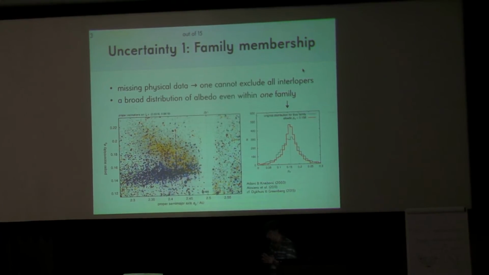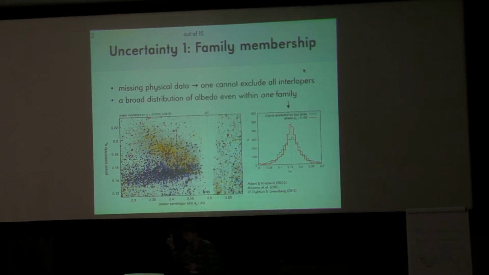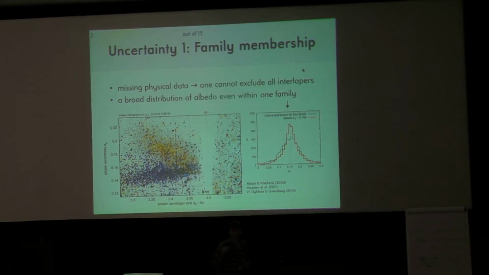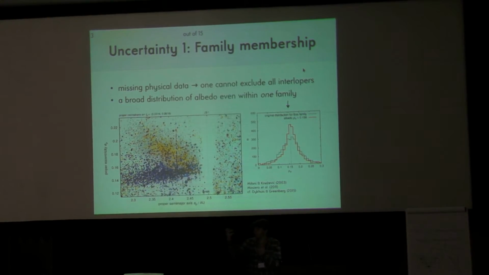So, first, it's not related to the objects. It's the family membership. Sometimes the uncertainty is dominated by the observations, not by the model itself, by the parameters. Every model has to be compared to the observations.